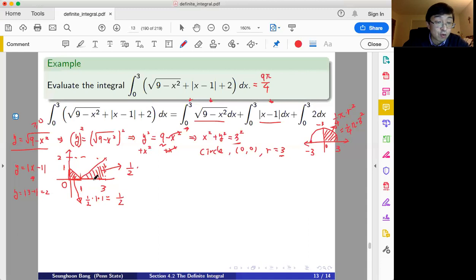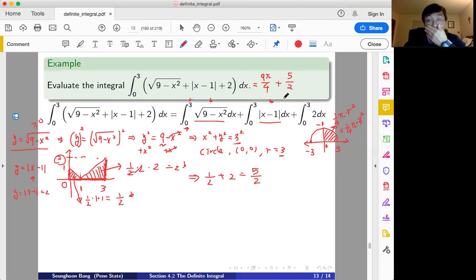The base is 3 minus 1, which is 2. The height is exactly 2. The 2s cross out, only 2. What is the total area above the x-axis? You add these 2 areas: 1 over 2 plus 2 equals 5 over 2. So the second part is 5 over 2.